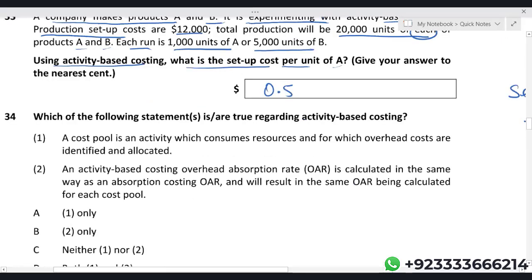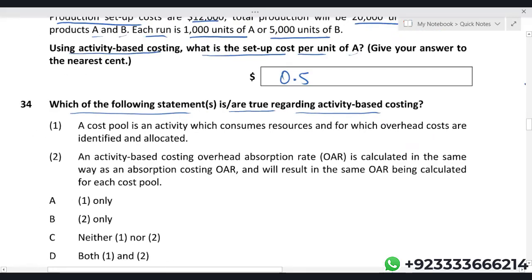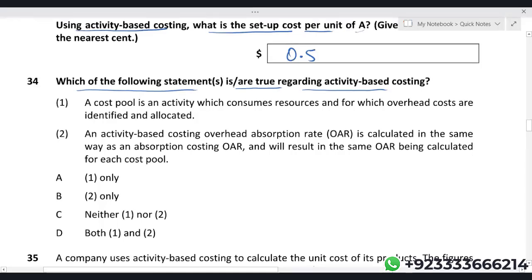Okay, now which of the following statements is true regarding activity-based costing? A cost pool is an activity which consumes resources and for which overhead costs are identified and allocated. Yes.